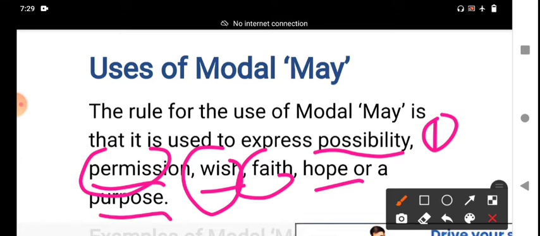Hope or faith or purpose, both are same. These functions are done by the modal verb. When we speak, we express our possibility, permission, wish, faith, hope or purpose through the modal verb may.